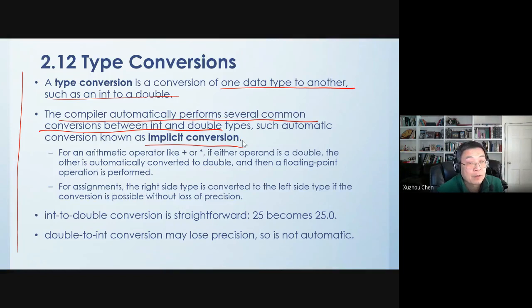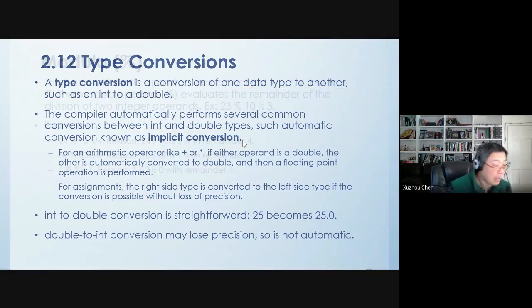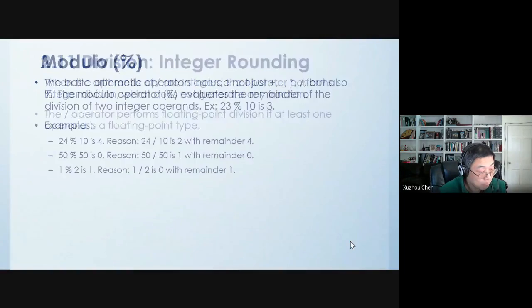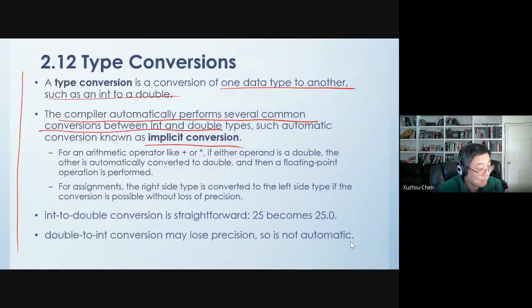conversion. Now, everything we performed here is supposed to be implicit conversion. So, for example, if you convert int to double, the 25 will become 25.0.